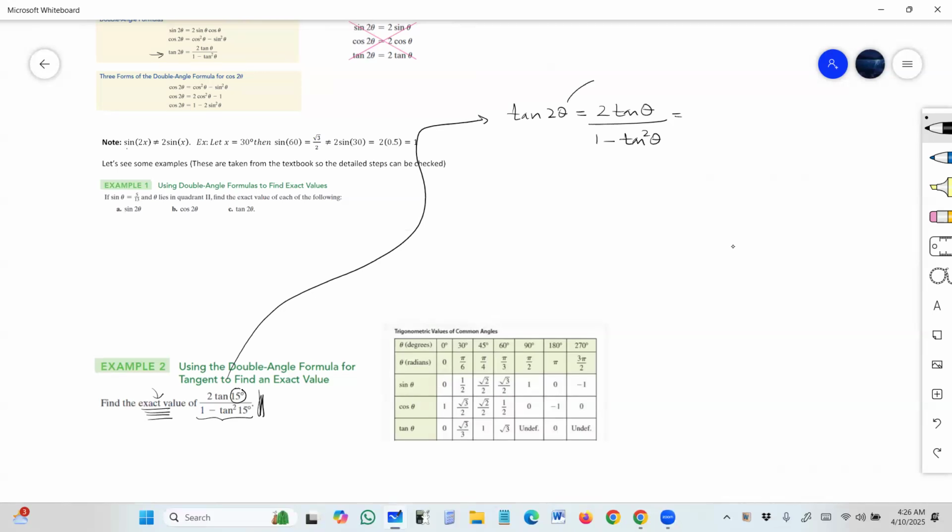So my theta is 15 degrees, right? It matches perfectly. 2 times tangent 15 over 1 minus tangent square of 15. So theta is 15, which means that this expression is equal to tangent of 2 times 15 degrees. Well, 2 times 15 degrees is 30 degrees.